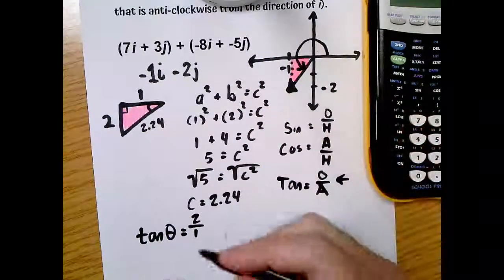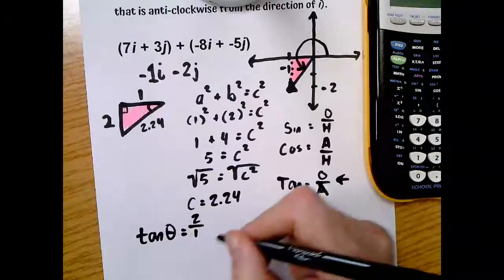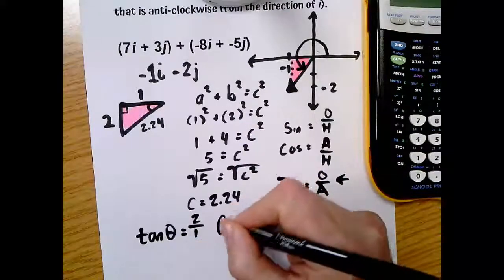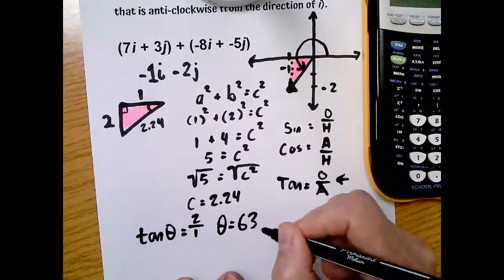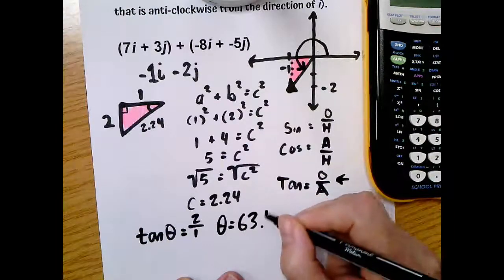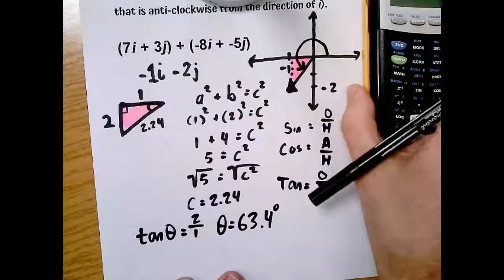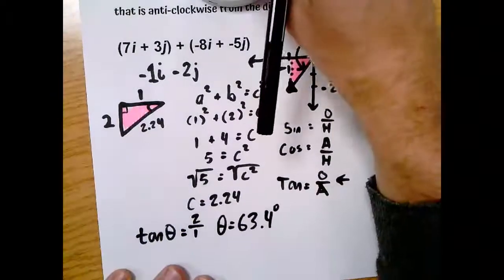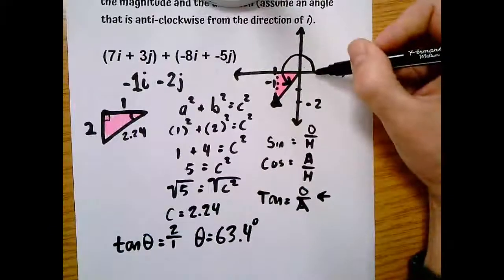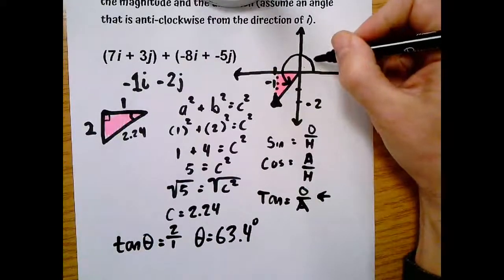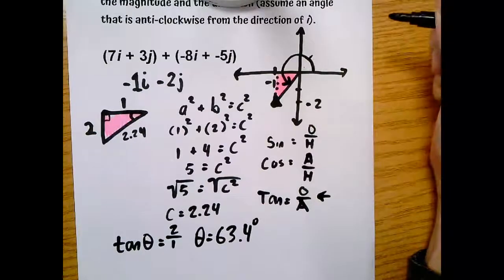Now we have to be really careful here. So theta, it says, is 63.4 degrees. That's a little bit of a trap, and I want you guys to see why. See, if we went 63 degrees from here, we'd end up right about here. Right?